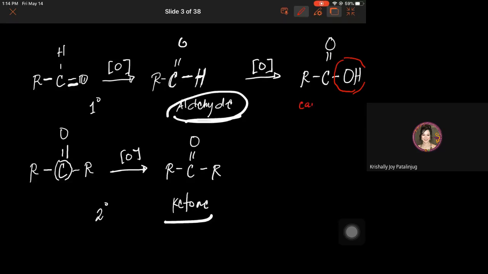And this is carboxylic acid. Ketone is no longer oxidizable. This is already non-oxidizable. Remember that. So again, between aldehydes and ketones, only aldehyde groups undergo further oxidation.